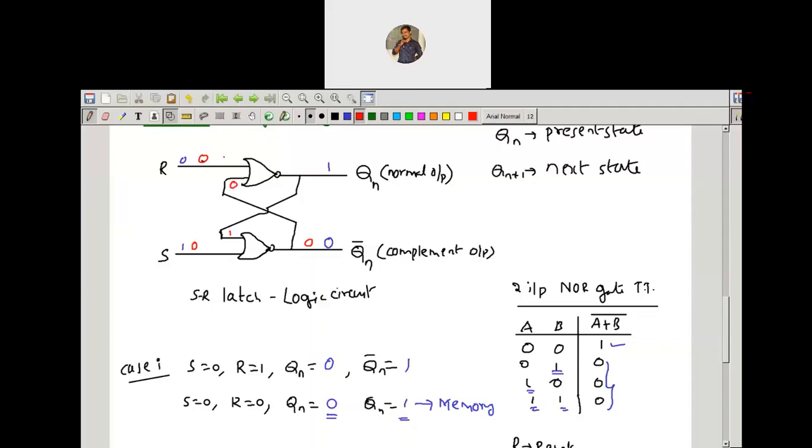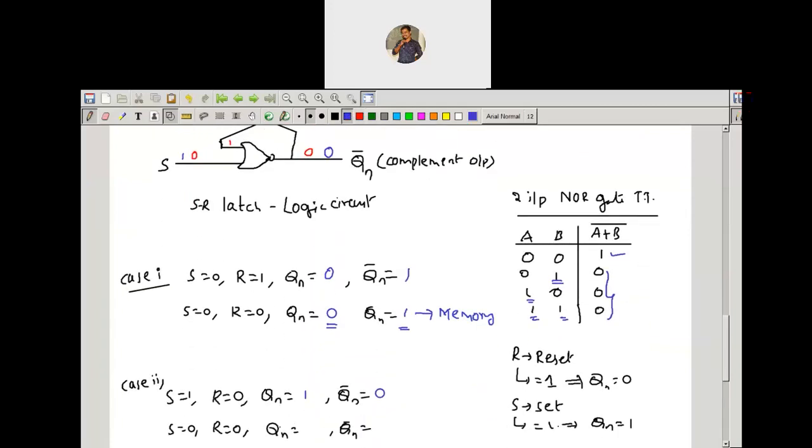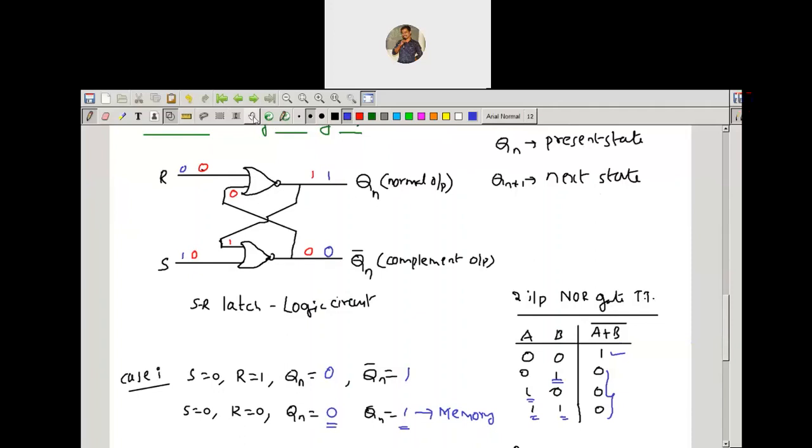Now the two inputs are 0, 0, so for 0, 0 the output is logic 1. You're getting the same data, that is, the data is being stored here. Qn value 1, Qn bar is 0. Here I have taken the analysis from the complement output.